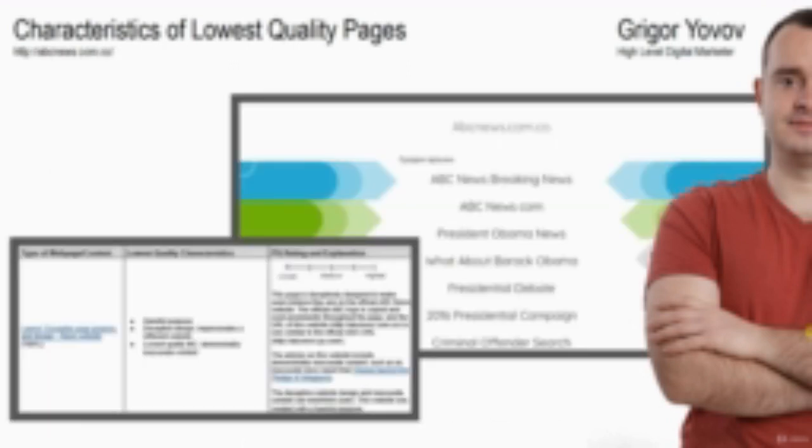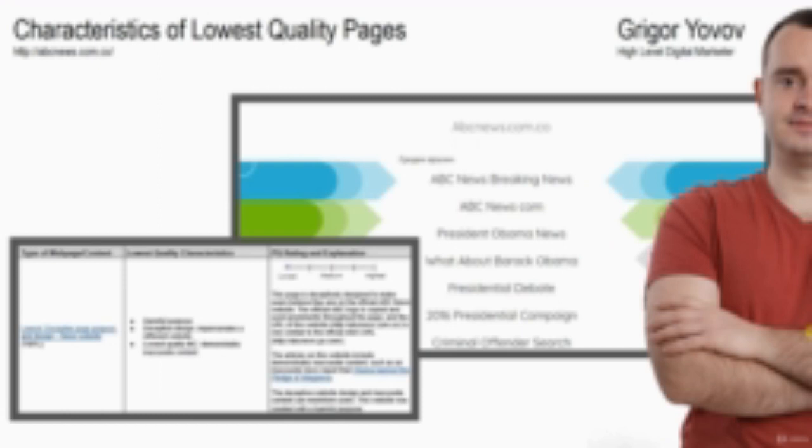Here is an example of such a page. The URL is abcnews.com.co, and you can see the screenshot from the page. What Google says is that the page has a harmful purpose, deceptive design, and lowest quality main content, and Google also claims that this is a YMYL page.